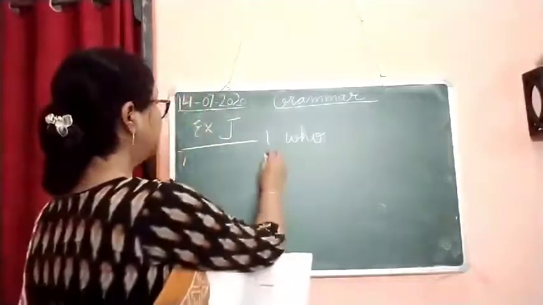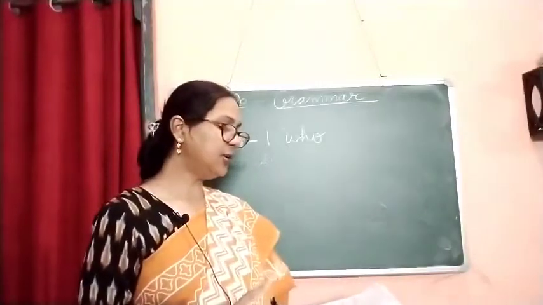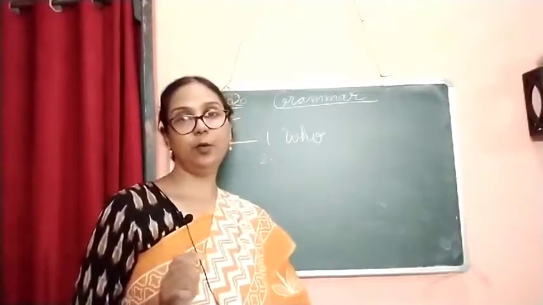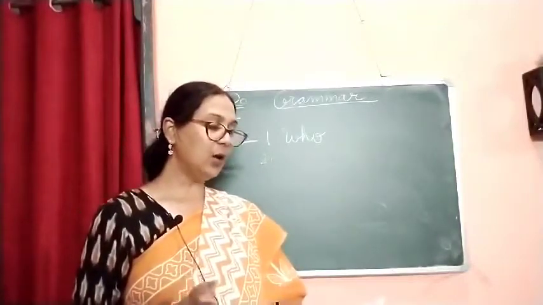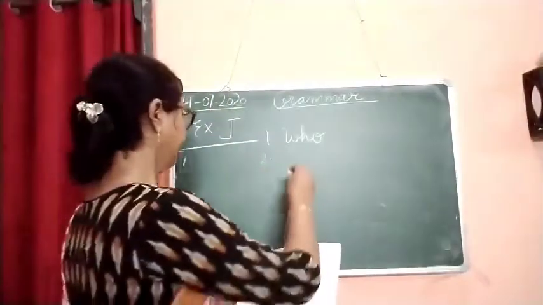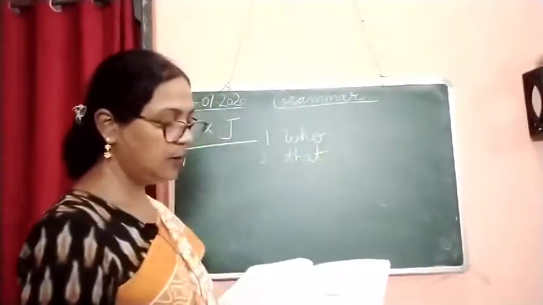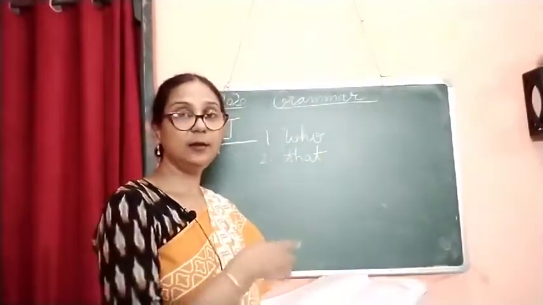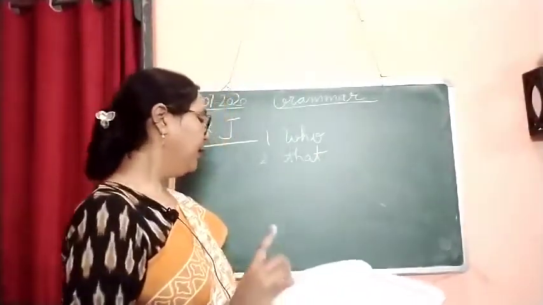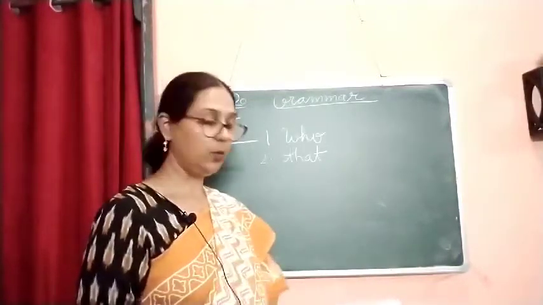Now second exercise. The White House dash is beside ours belongs to my friend Varun. Now, the White House, that, because it's showing a place. That is used for people and things. So we are going to write over here: the White House that is beside ours belongs to my friend Varun.